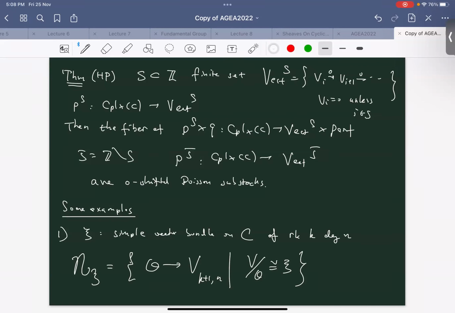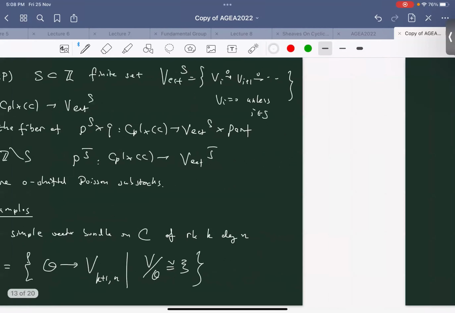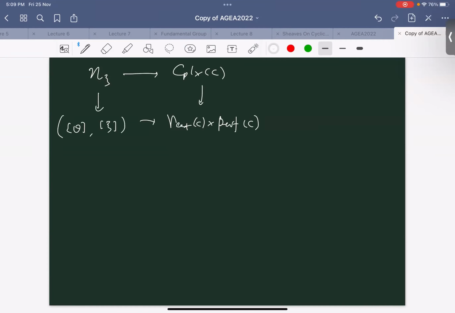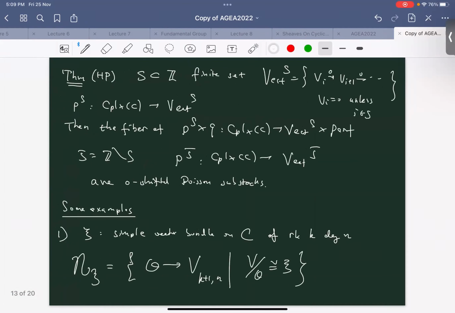Okay, so this is one example of this kind of fiber product. Let me explain. I can write this as a fiber product by taking the fiber to be at 0 at O and C. What does that mean? Remember, in my definition, I need to fix an index, so here I just fix 0.